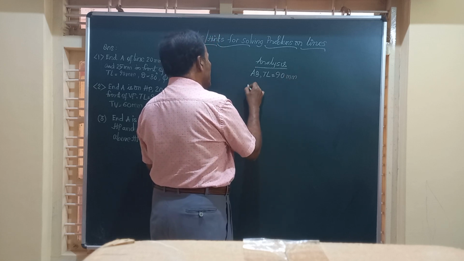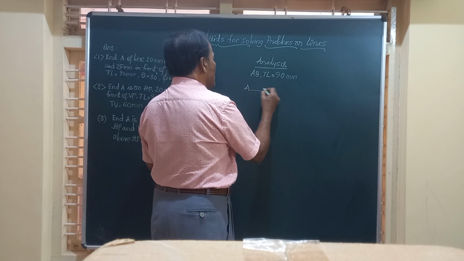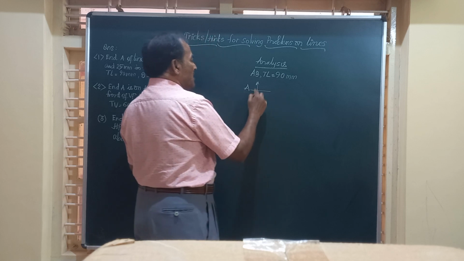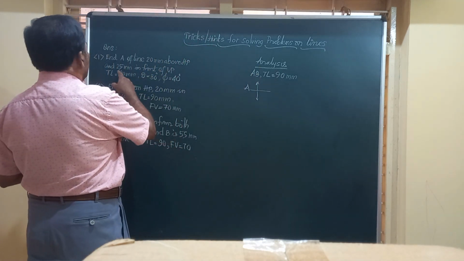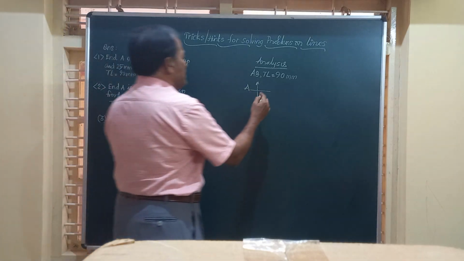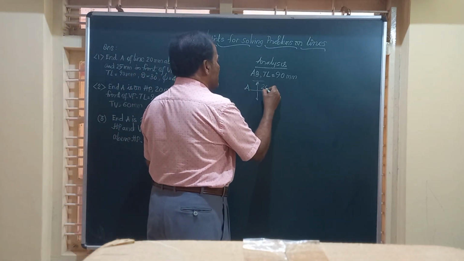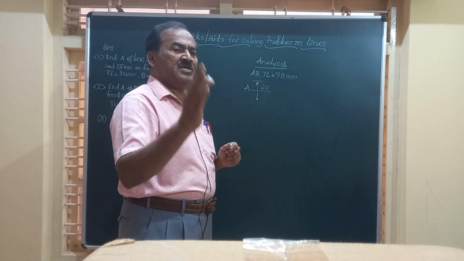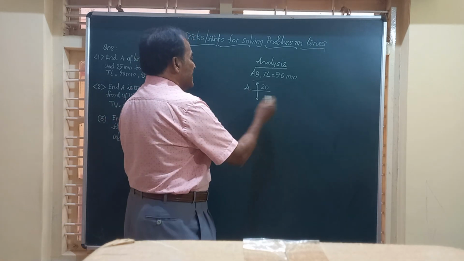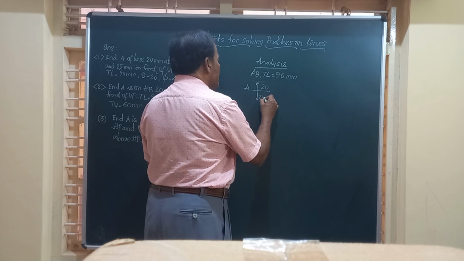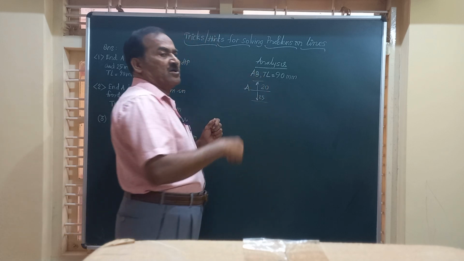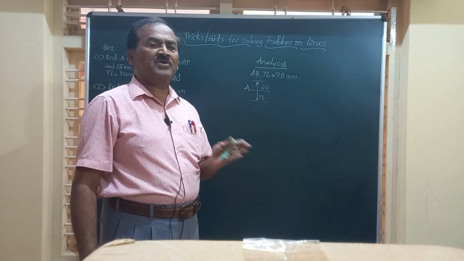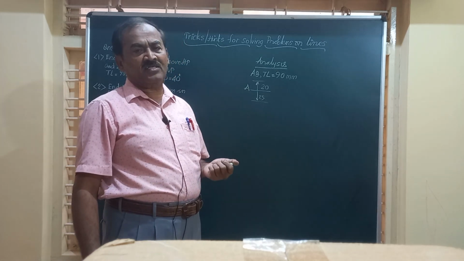The end A they have given is, I'll just show like this, with the reference line XY, and point A is 20 mm above HP. So this distance is 20 mm above HP. Any distance above HP is marked above the XY line. And this is 25 millimeter in front of VP. In front of VP or from VP, it is one and the same.